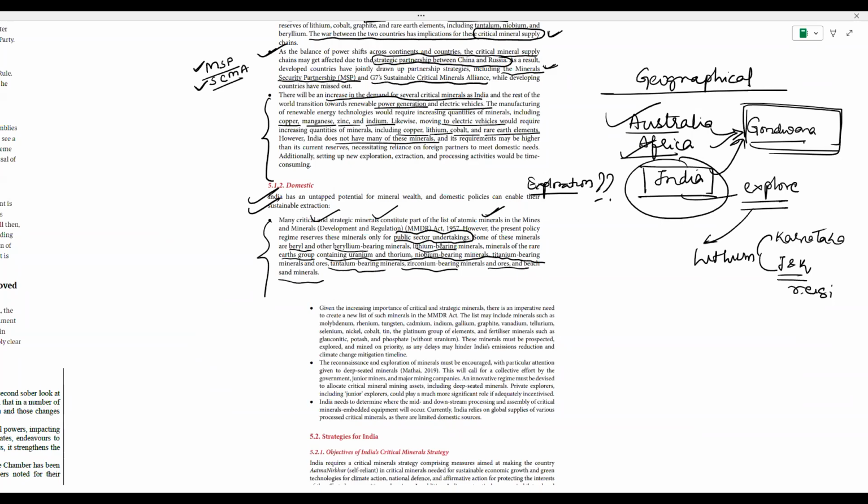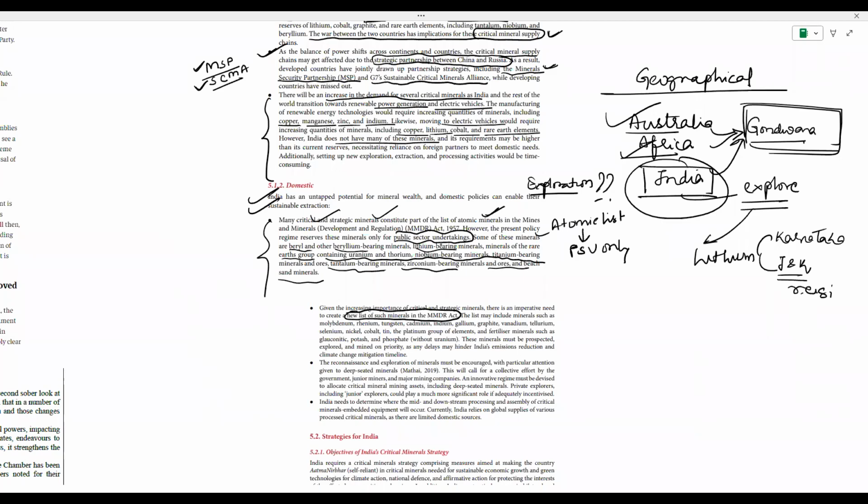So we have to create a new list of minerals under the MMRD Act. At present, these are under the atomic list, and since they are under the atomic list, they can only go by PSU exploration. And PSU exploration will be fast or slow, we all know.